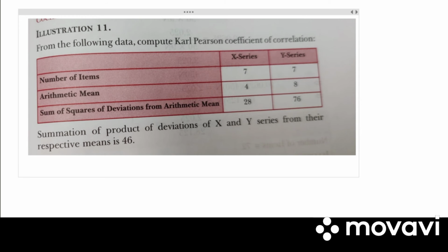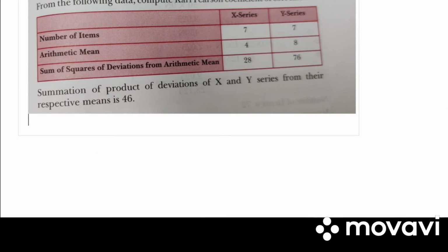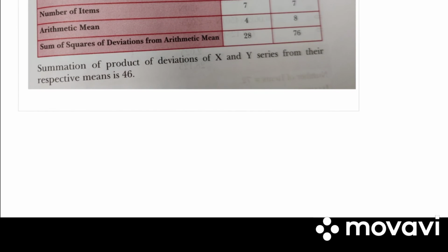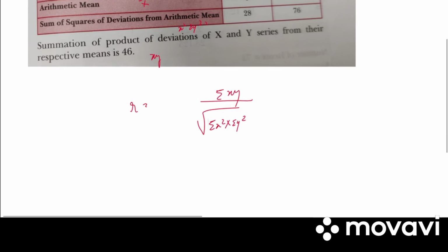Next, take down illustration 11. From the following, compute Karl Pearson correlation. This is the same as illustration 1. They have given us n, they have given us arithmetic mean, they have given us summation xy, and they have given us summation x square and y square. So r is equal to summation xy divided by root of summation x square into summation y square.